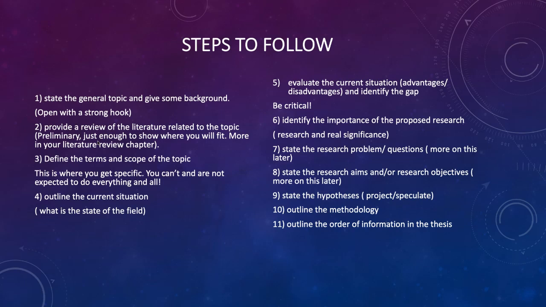Define the terms and the scope, we've spoken about that. Outline the current situation. What is the state of the field? What is happening, right? So this might be talking about the topic at which your attention is directed. So this might be quite practical.